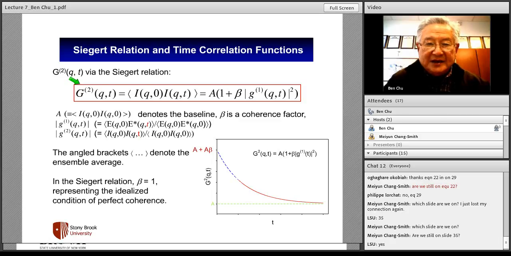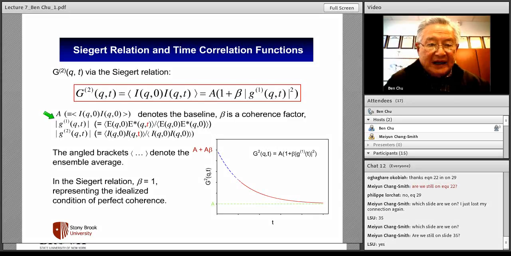Now what is G1(Q,t)? G1 is the first order, the one with the parenthesis. This is the second order. The first order is the first order electric field time correlation function, while the other is the intensity time correlation function.